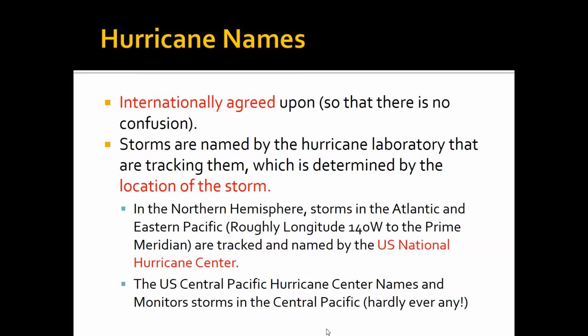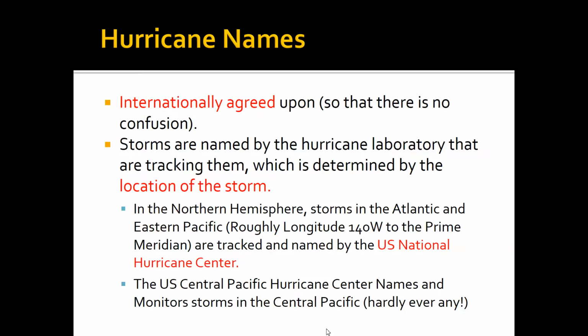Well, that would create a lot of confusion because Mexico would be calling it one thing, the Dominican Republic another, Cuba another, the United States something else, and so on and so forth. So in order to alleviate this confusion, these names are internationally agreed upon. Mexico, Cuba, the Dominican Republic, Puerto Rico, all of these areas in the impacted region agree we're going to call the hurricane the same thing.